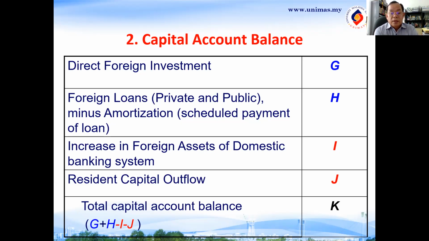In the country, you need money which comes from saving in the country, right? And also, if there's not enough saving, then you depend on foreign investment as a source of capital, which can be used for any project or development and so on. Okay, so capital account balance is G plus H minus I minus foreign asset minus resident capital outflow.